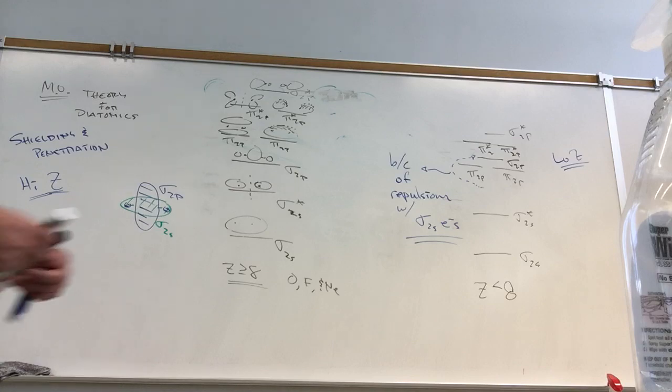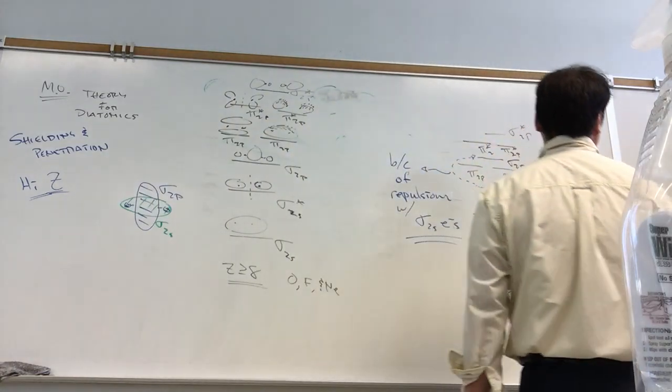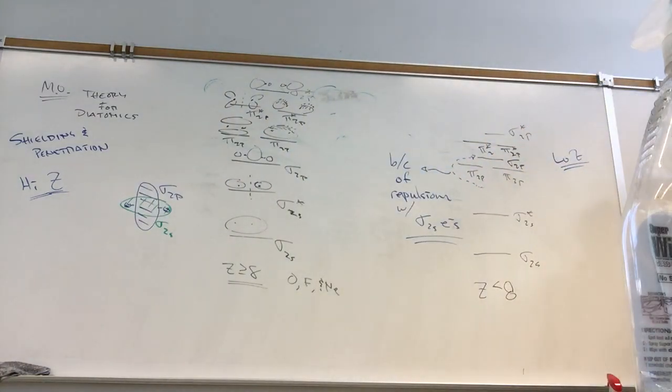And so what we see at low Z is the sigma 2s isn't pulled in as much. And then when we look at the sigma 2p, the sigma 2p isn't pulled in that much either. I should try to draw a better scale, but maybe you get the point.